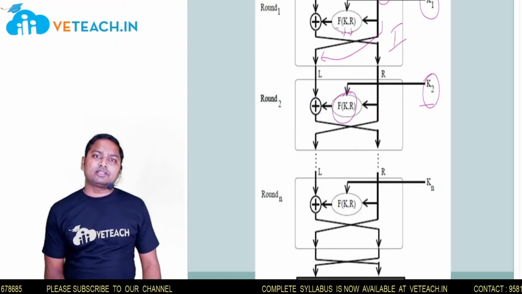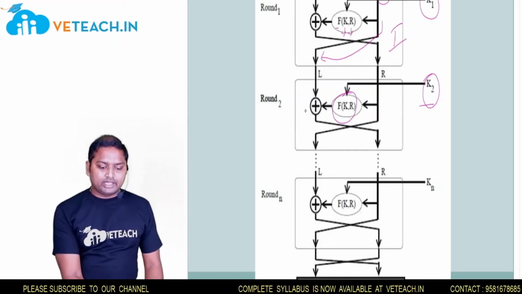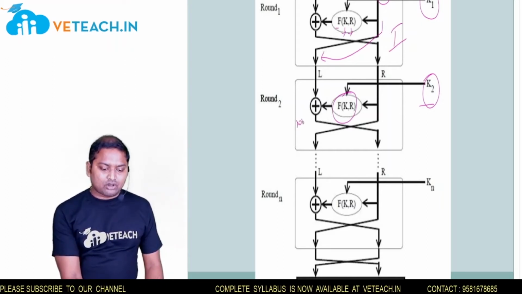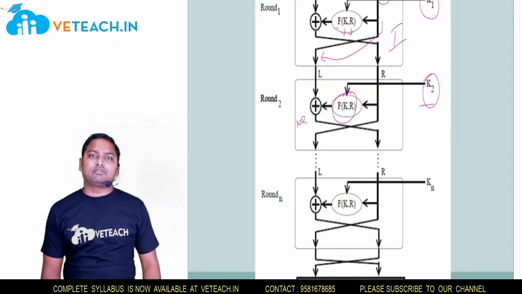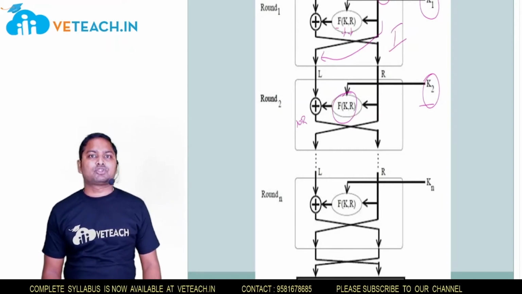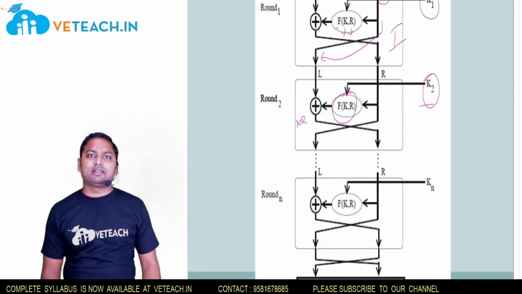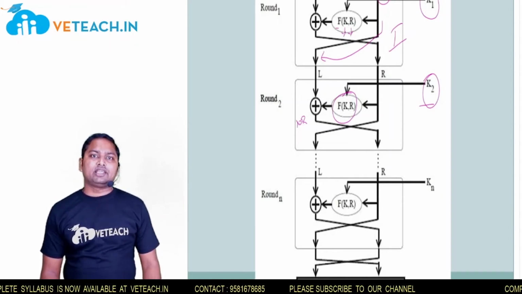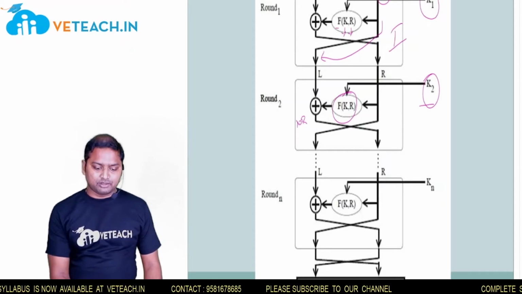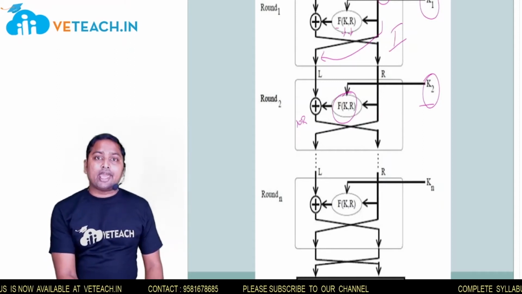Now I apply the function and take the XOR operation. In almost all network security functions, XOR operations are used because breaking them is very difficult. That's why we implement XOR.